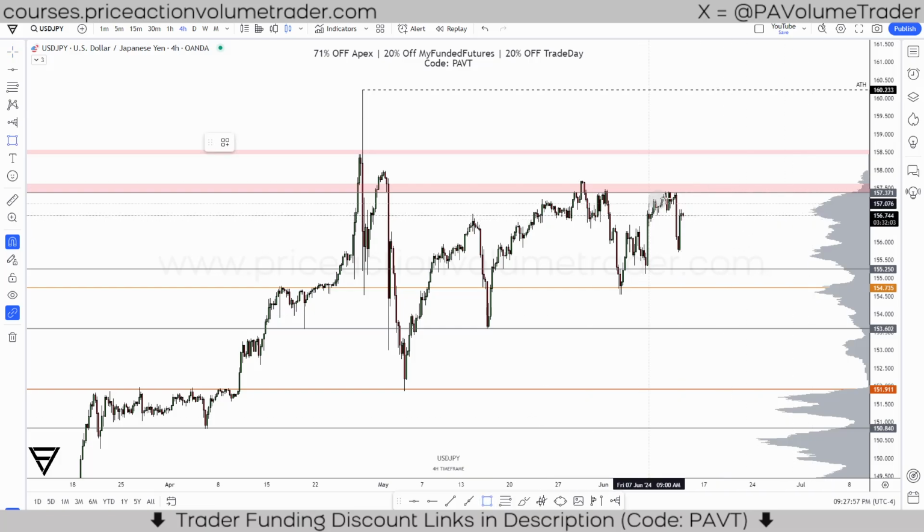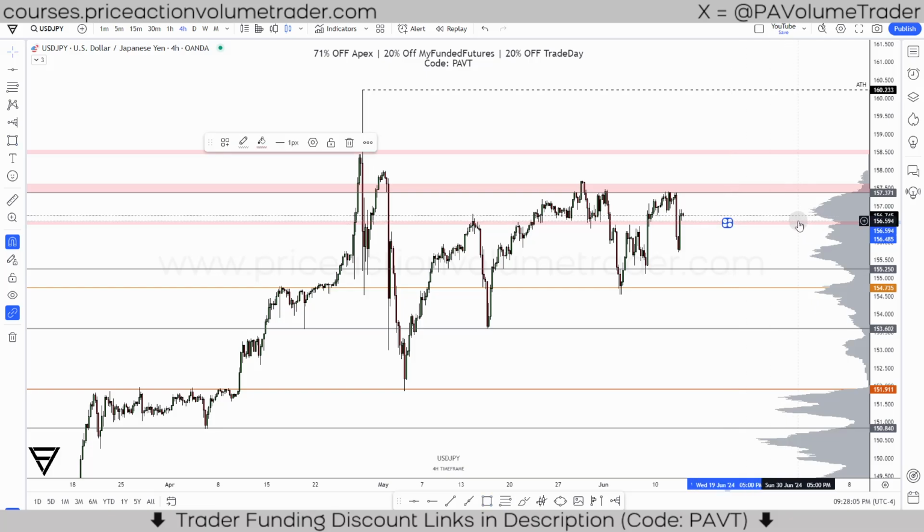And remember, this is the hourly, but I'm going to drill down into the 5 minute or the 1 minute, or, well, I don't have tick charts here, but if I was in Sierra Chart, I would drill down into tick charts as well. So all these levels, even though they look like they're very close together on the hourly, when you're looking at this on a lower time frame, they're not going to be as close together.